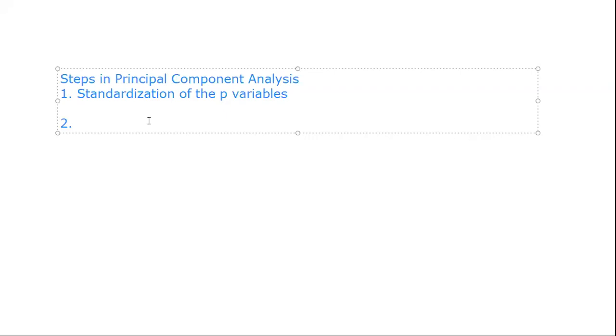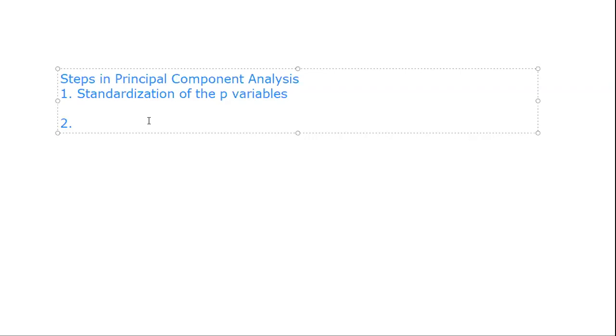Okay, they need to be standardized. And the moment they are standardized, those who have the wider range will not be able to dominate. And that is the reason why we need to start by standardizing the variables.